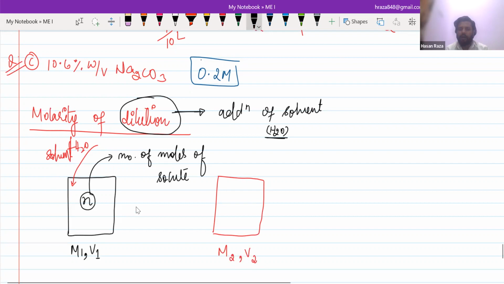What I want to know is whether the number of moles of solute changes or not. If you dilute a solution, will the number of moles of solute be affected? Will it be constant or will it change? What do you think? Sakina?